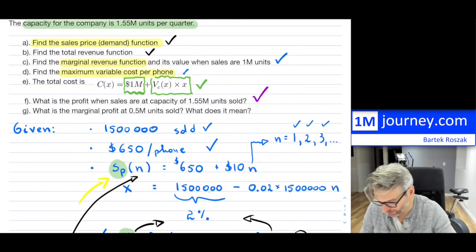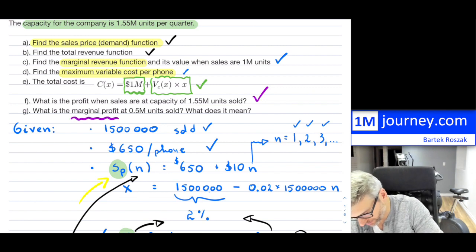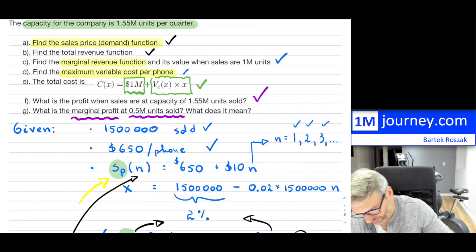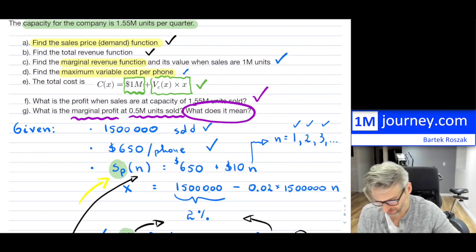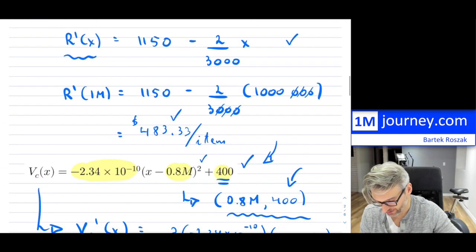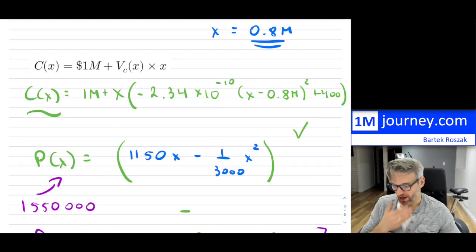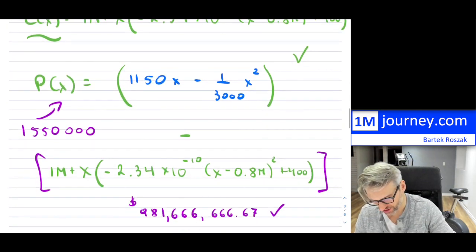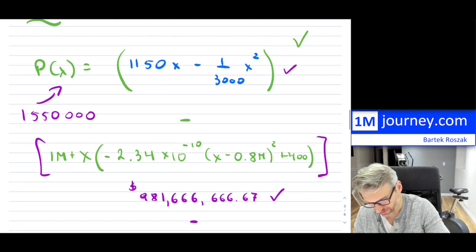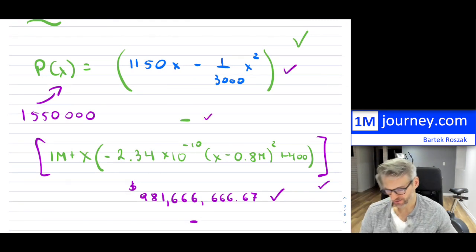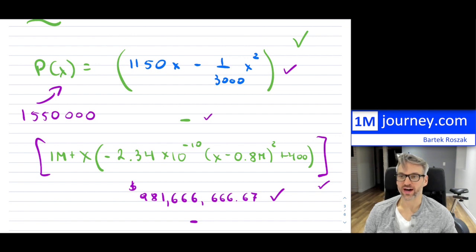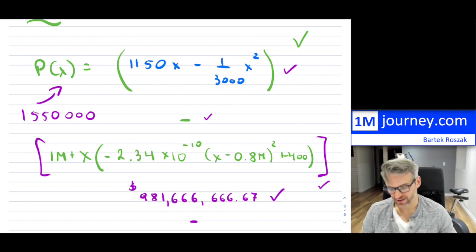What is the marginal profit? Here, the marginal profit at 0.5 million units sold, and then what does it mean? Well, marginal profit means we have to take these functions. Okay, so this is pretty mean. We have to take this minus this, and then find the derivative of that, and then substitute.